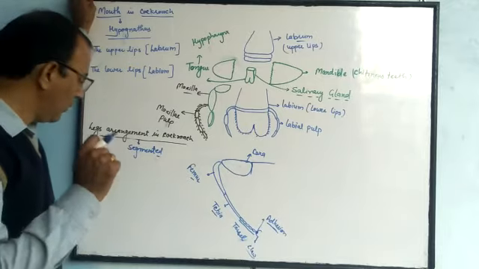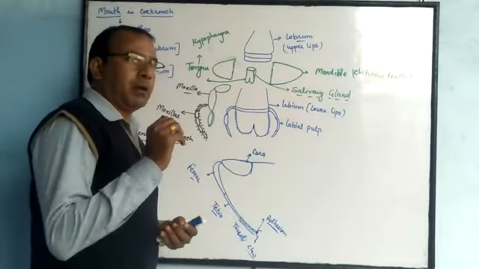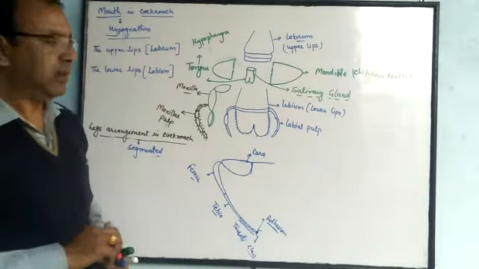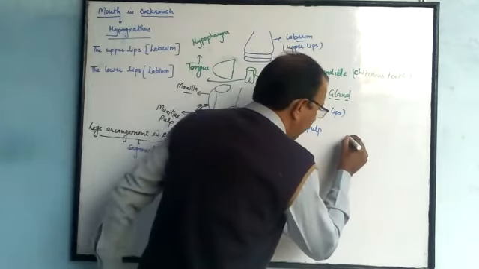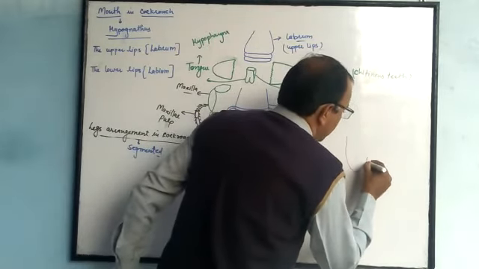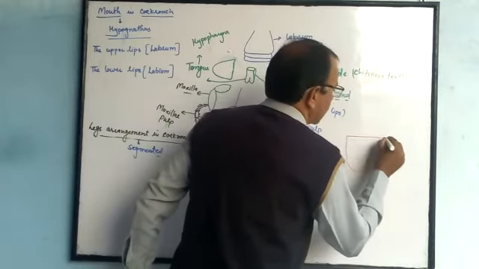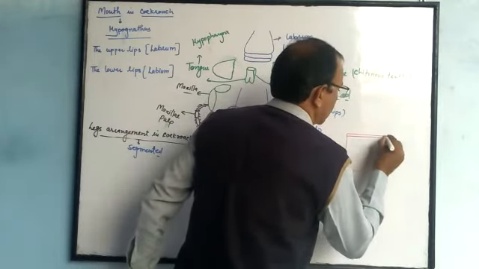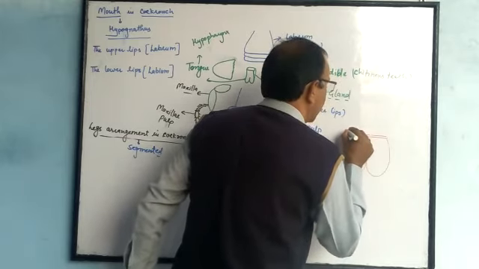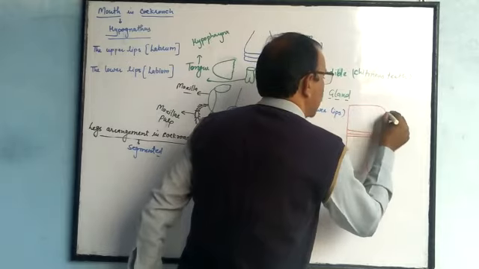One more thing we have forgotten: the comparison between male and female. We have seen that in the 10th segment, in male and female, there are these structures. This is the 10th segment, 9th, 8th, and this one is the 7th segment.